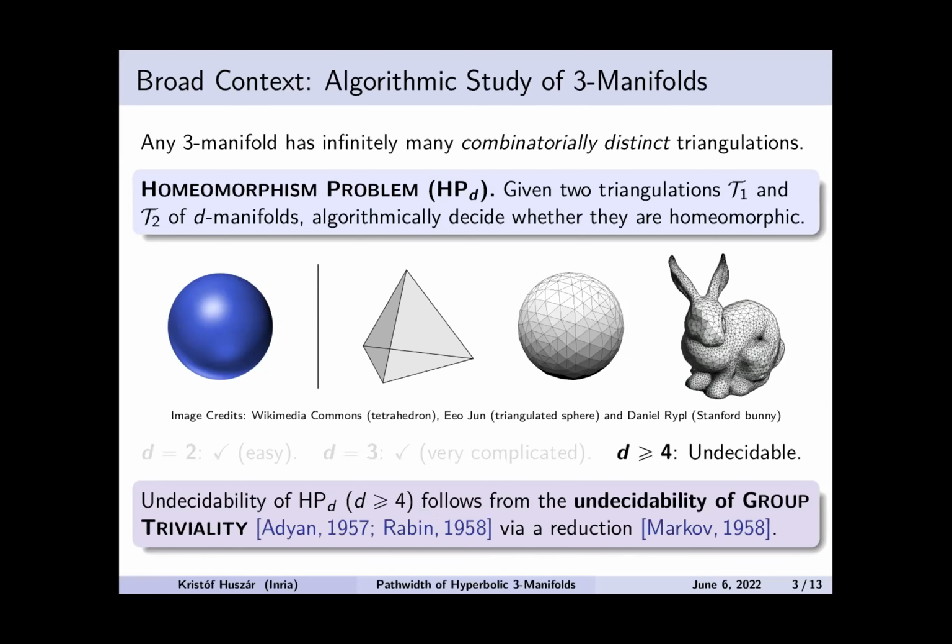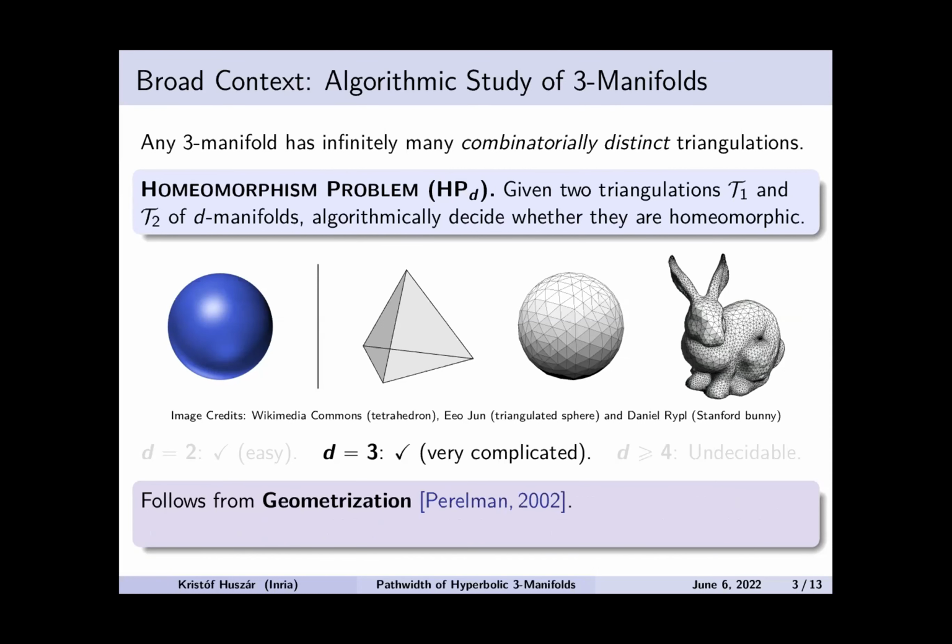At the same time, if the dimension is at least 4, the problem becomes undecidable, and the reason for this is rooted in algebra. In particular, it follows from the undecidability of the group triviality problem. So staying in dimension 3, the realm of this talk, the homeomorphism problem has a solution.